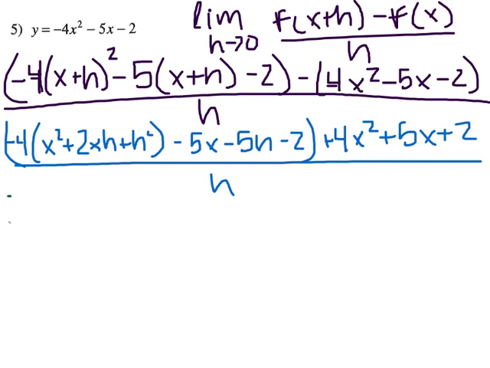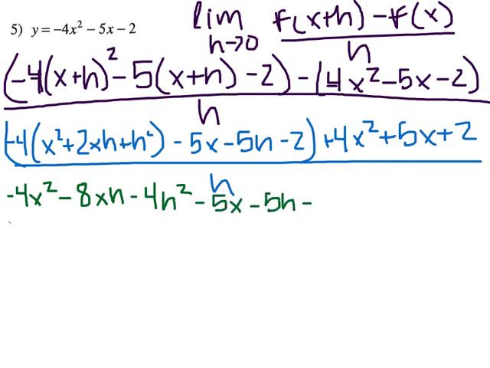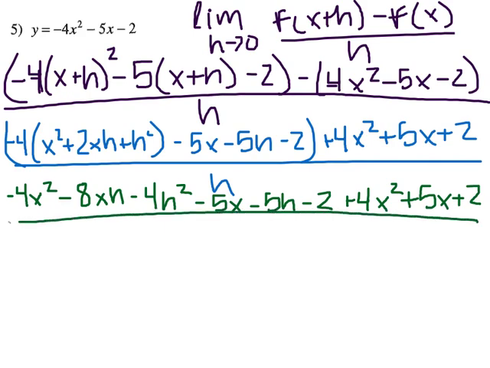Don't give up, keep on going. Negative 4x squared minus 8xh minus 4h squared minus 5x minus 5h minus 2 plus 4x squared plus 5x plus 2 all over h.